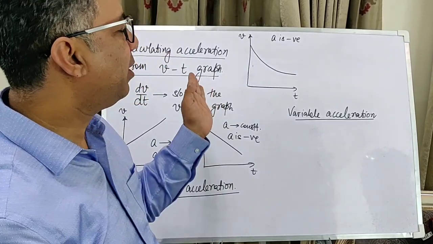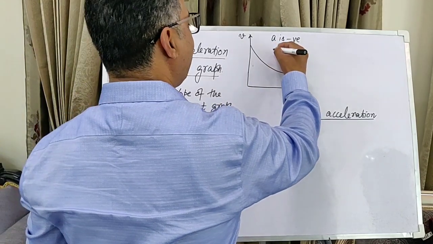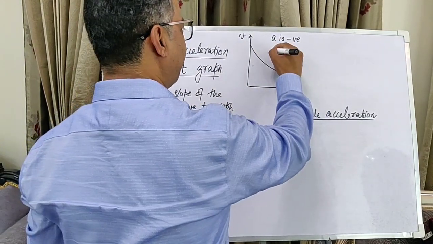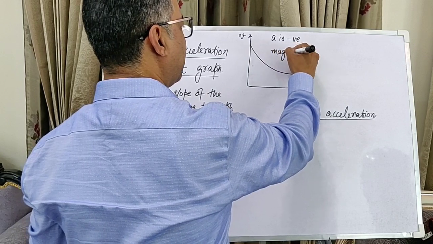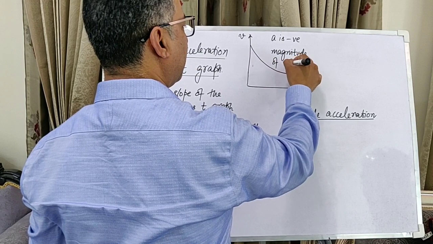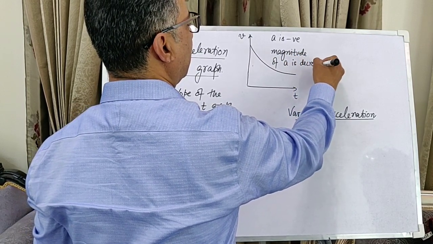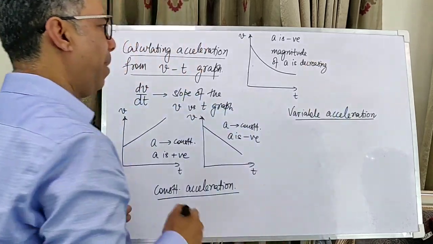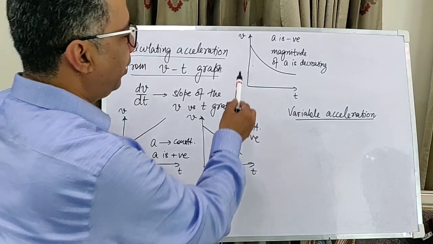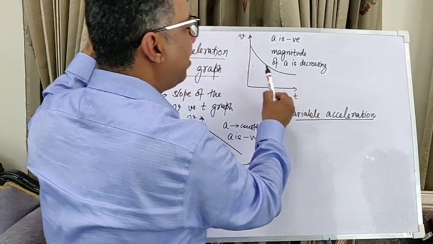So it's a graph with decreasing slope, and that means magnitude of the acceleration is decreasing. Magnitude of acceleration is decreasing here because the graph is becoming more and more horizontal.